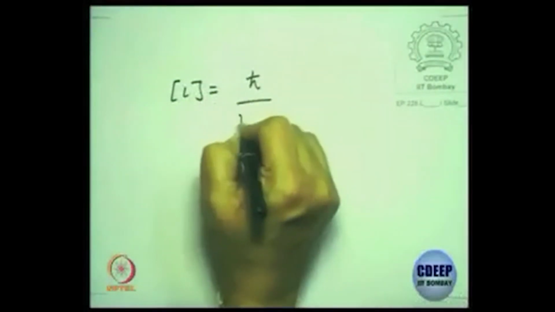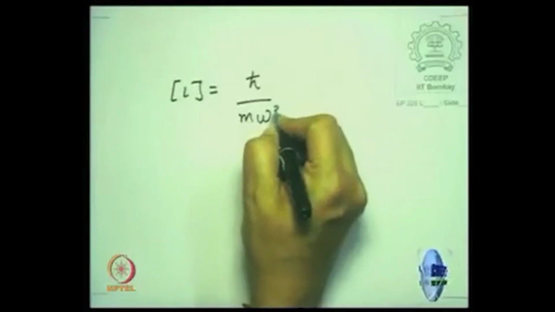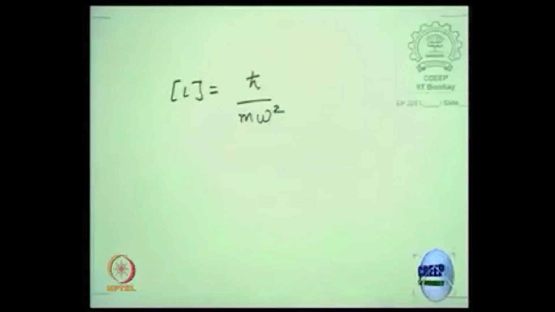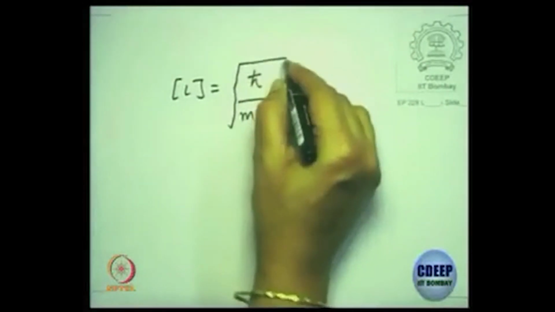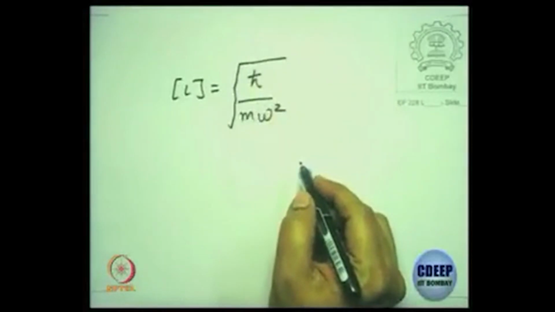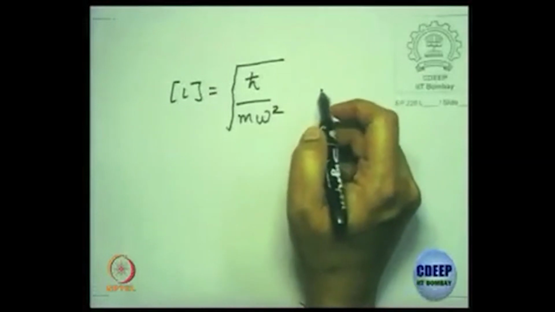Square root of h bar by m omega. Is that correct? m omega squared or m omega?